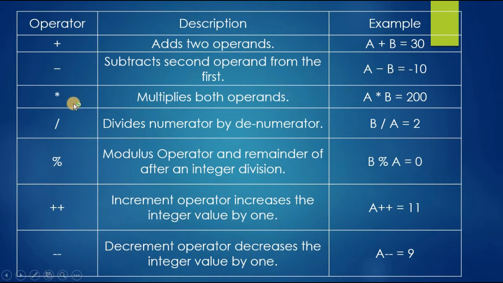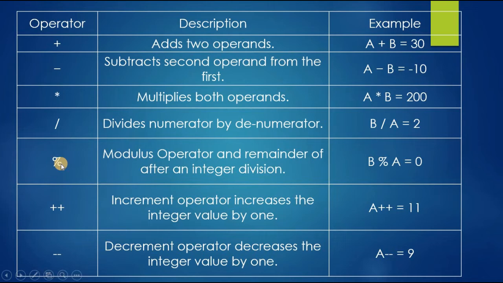The next operator is multiplication, which multiplies both operands. Example: a into b is equal to 200. The next operator is division, which divides the numerator by the denominator. b divided by a is equal to 2.